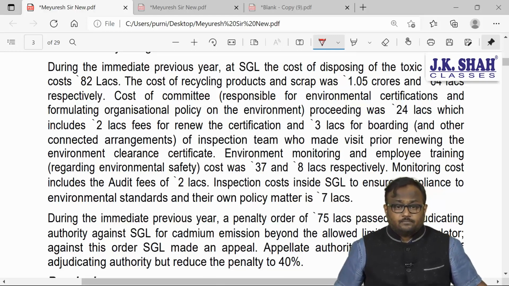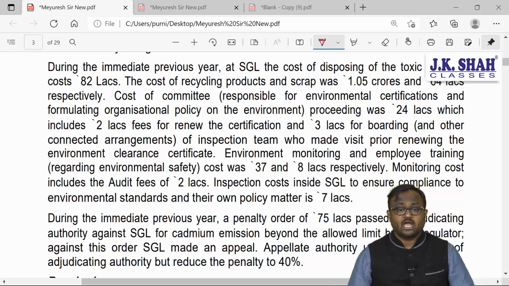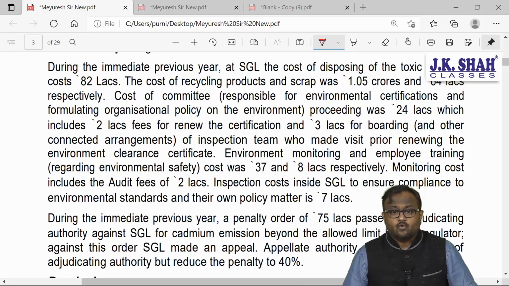Cost of committee, the committee which is responsible for environmental certification and formulating organizational policy of environment proceeding, was 24 lakhs, which includes 2 lakh fees for renewal of certification and 3 lakhs for boarding and other connected arrangements. So 3 lakhs for boarding of inspection team who made visit prior reviewing the environmental clearance certificate.